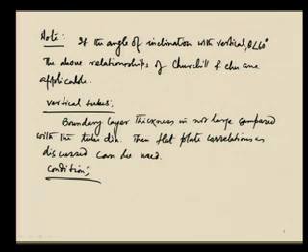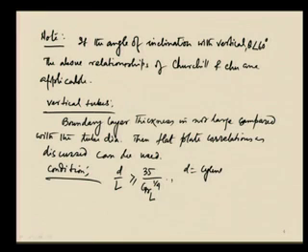The condition says that d by L should be greater than or equal to 35 by Grashof based on length whole to the power 1 by 4. So, the diameter to length ratio, where d equals the cylinder diameter.